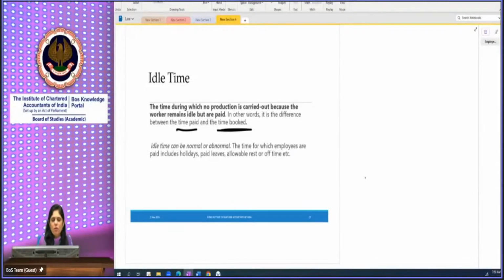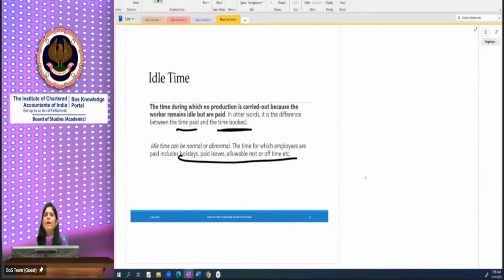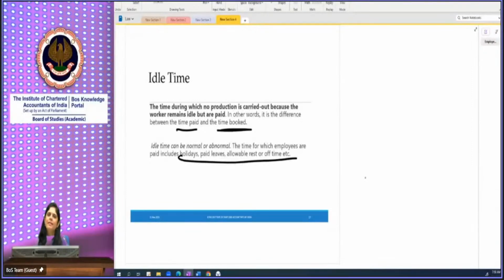So idle time can be normal or abnormal. The holidays, leaves, allowances, rest time, lunch time are all normal idle time. Every day it will happen. Normal idle time means it will happen every time. Abnormal idle time means that today, let us say, there is some repairing going on in the machine.